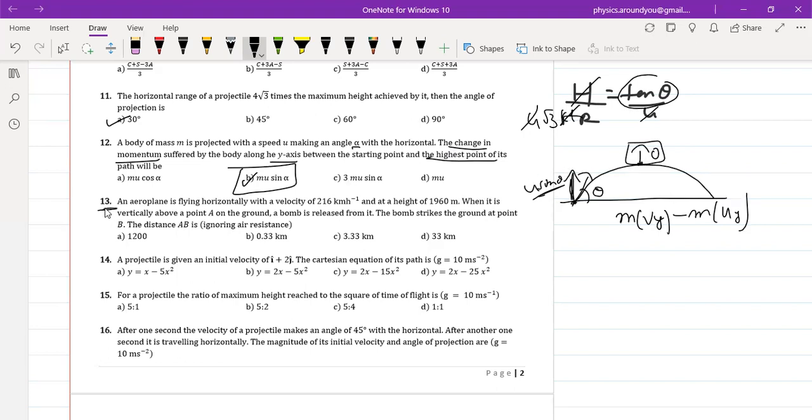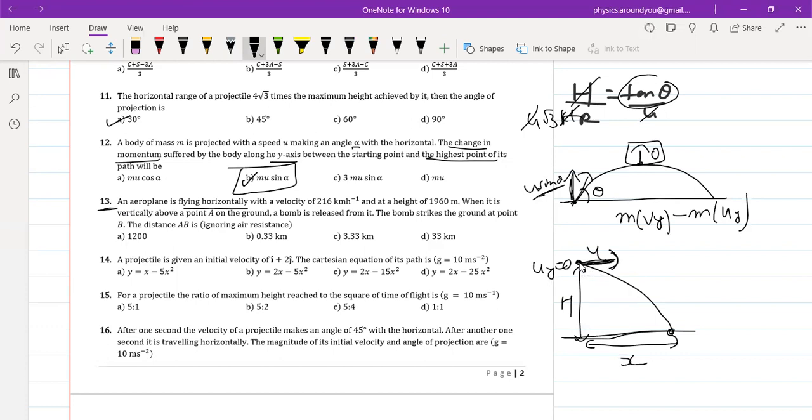Now, moving on to question number 13, it is a horizontal projection case. We have done this a number of times where there would be horizontal velocity u and the package falls at some distance. They're asking what is this distance? At what distance will it strike the ground? The simple answer to this is since the initial vertical component is zero, it is being projected entirely horizontally.